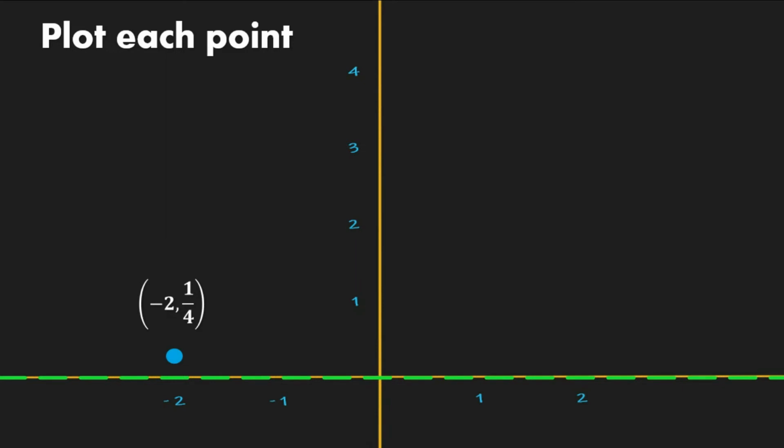You can check back our table para makita nyo kung tama yung nilalagay ko. And then, this will be negative 1 and 1/2. This will be 0, 1. Next point, we have 1, 2. Next point is 2, 4.